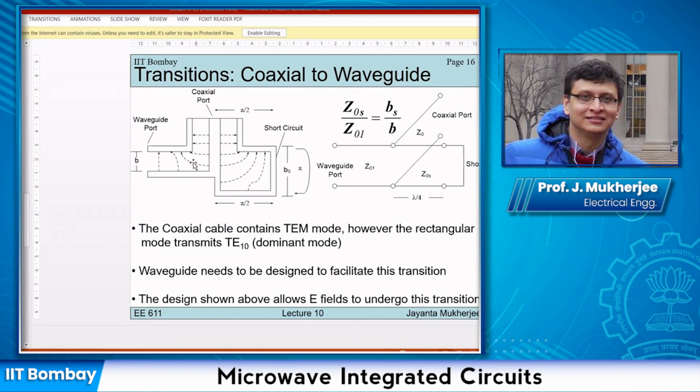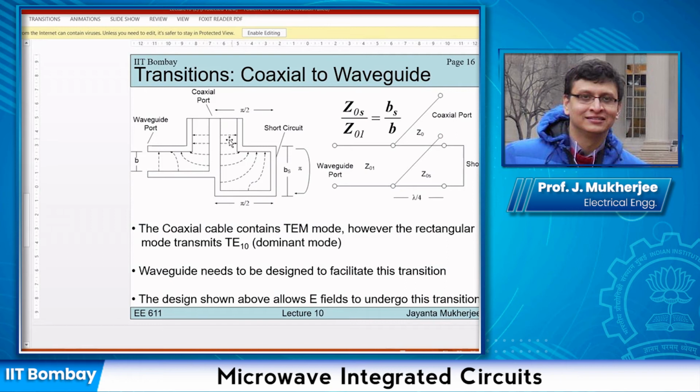But note how the electric fields change. Okay, so they were radial for this coaxial cable, and then as they enter the waveguide, their directions start to change. These dotted lines are the electric fields, and you can see after some distance they become vertical. So it's like a TE.